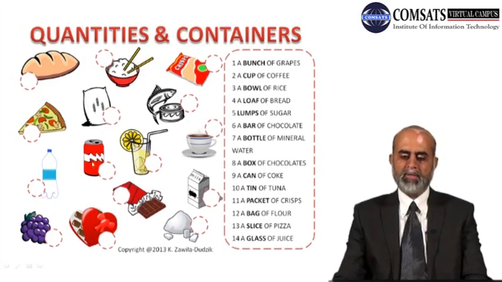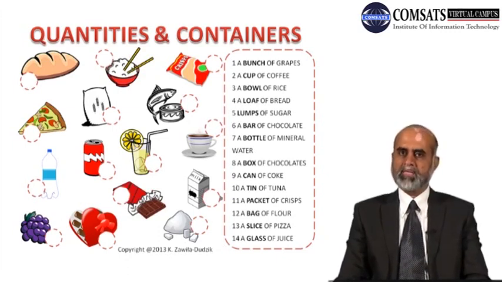A can of Coke, this one. A tin of tuna, this one. Tuna is a fish, and this is tin pack fish. A packet of crisps, this one here. A bag of flour, a bag of flour. There could be different kinds of flours, fine flour. Okay, then you have a slice of pizza.